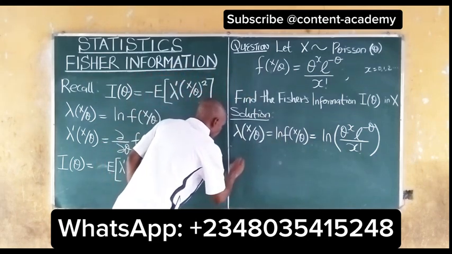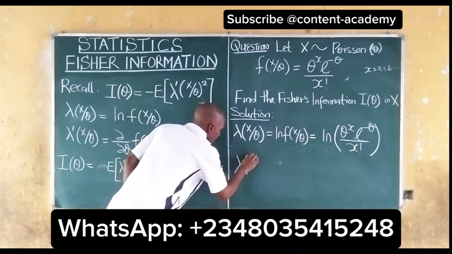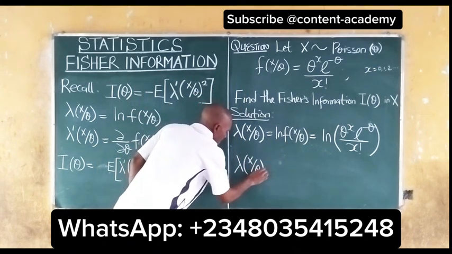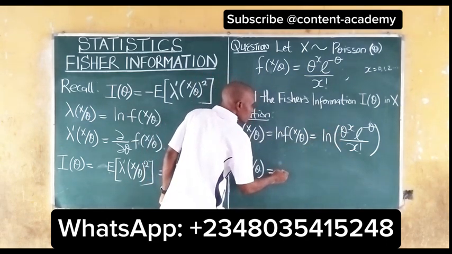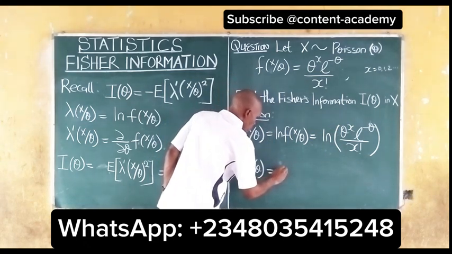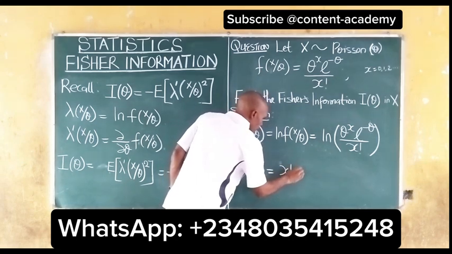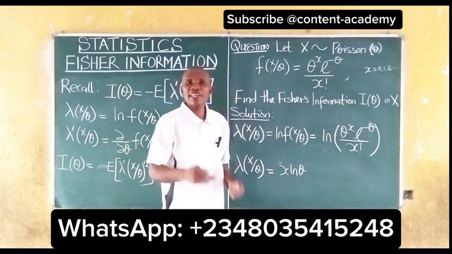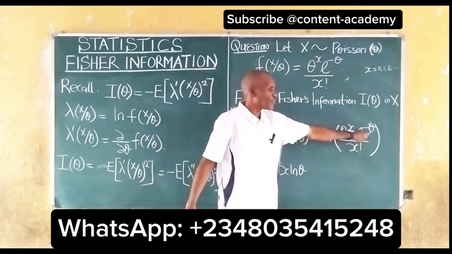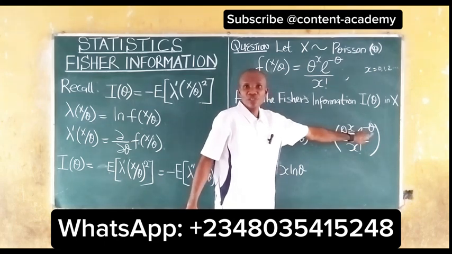Now, it then means that our function will be, if you take the log of this, you have x ln theta. If you take the log of an exponential function, you get just that function alone.